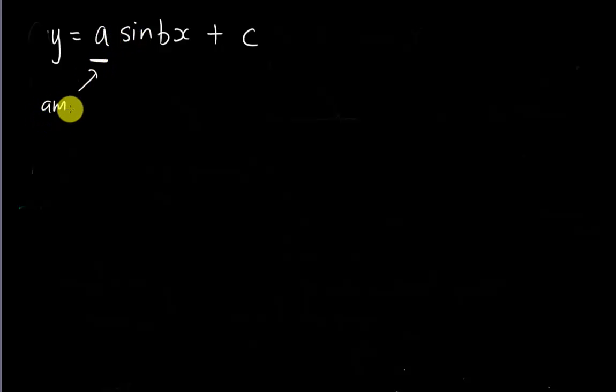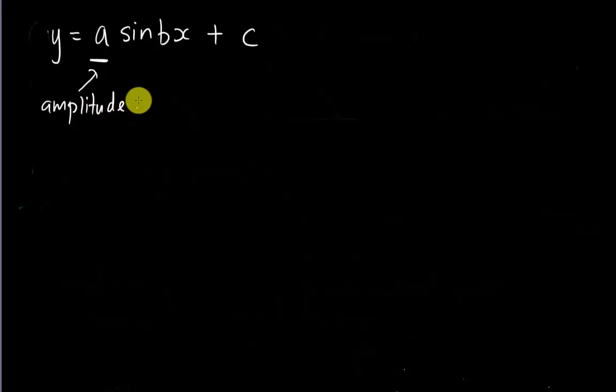I'm sorry about that. Okay, so let me write the proper equation. Let's say y equals a sine bx plus c. First, whatever number is at the front of the sine here, we call this the amplitude.